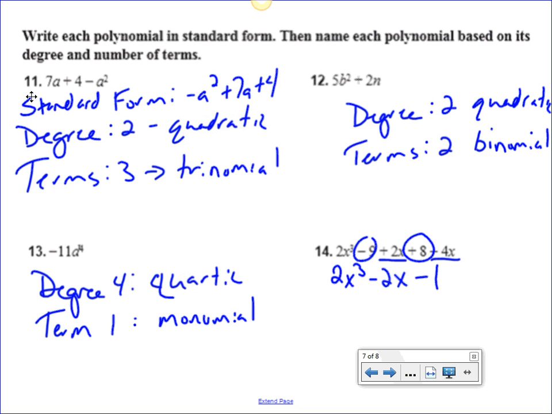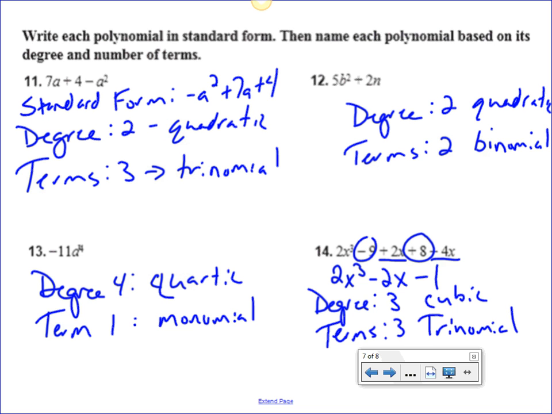So that would be it in standard form. By degree, it's degree 3. So that is a cubic. If you talk about by number of terms, there are 3. So it is a trinomial. Okay.